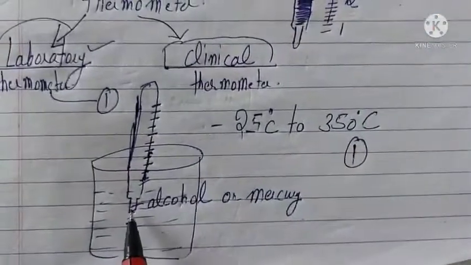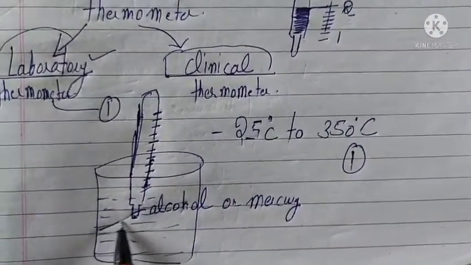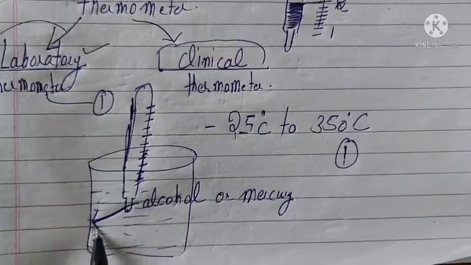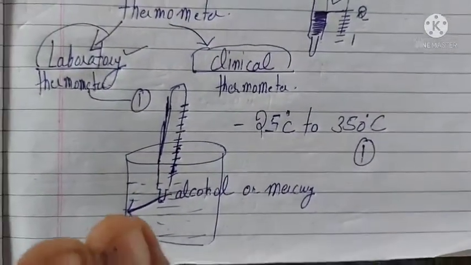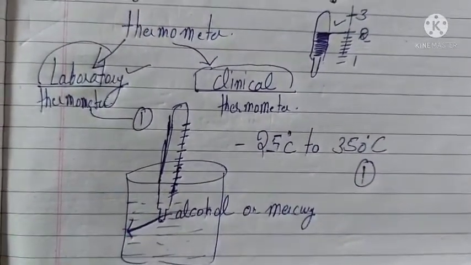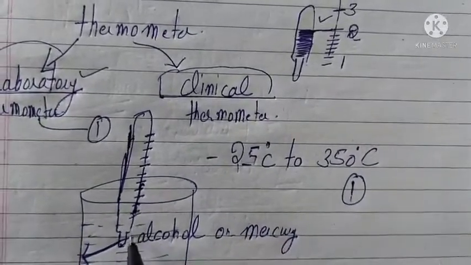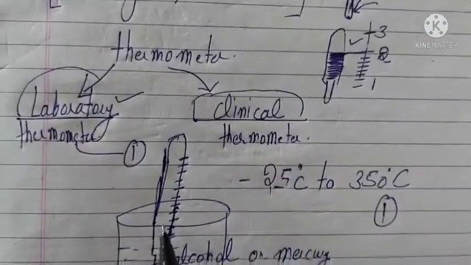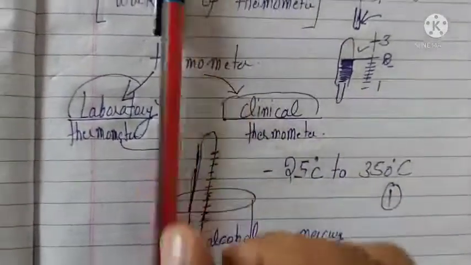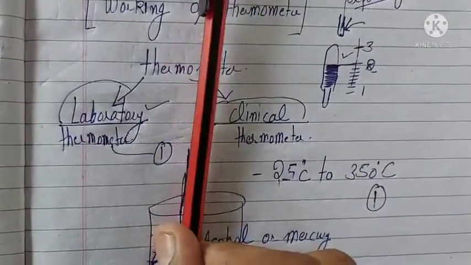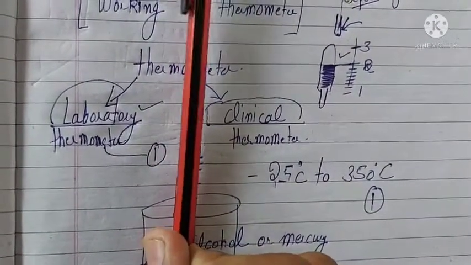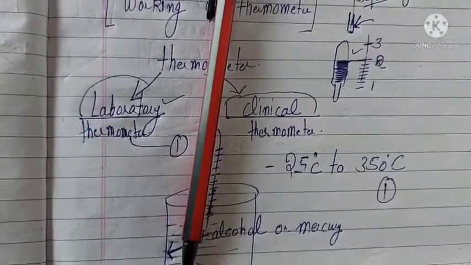Third, the bulb of the thermometer should not touch the walls of the container in which the liquid is filled. When you are measuring the reading of the temperature from this laboratory thermometer, do not try to move it. It should be held at a single position.